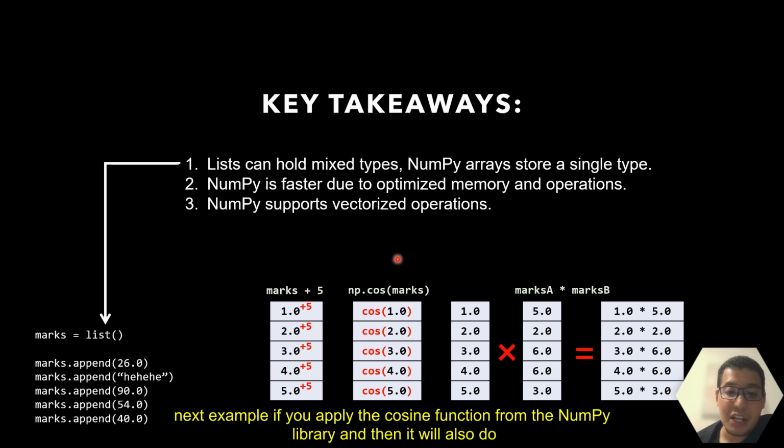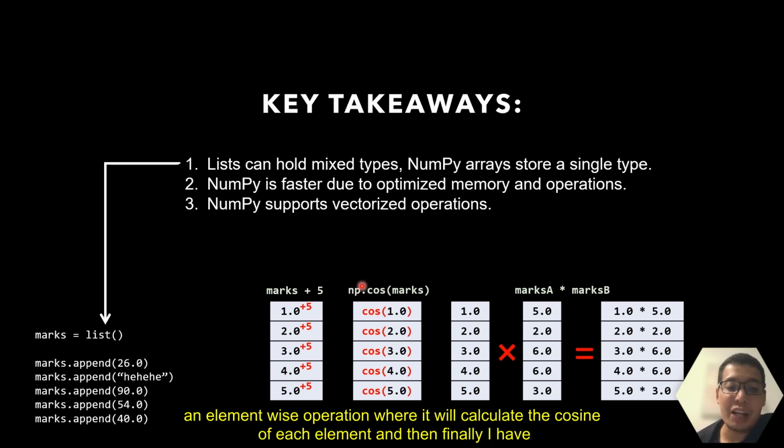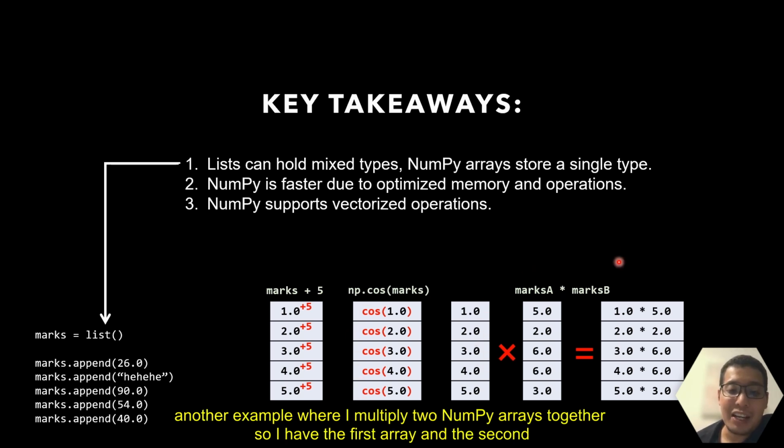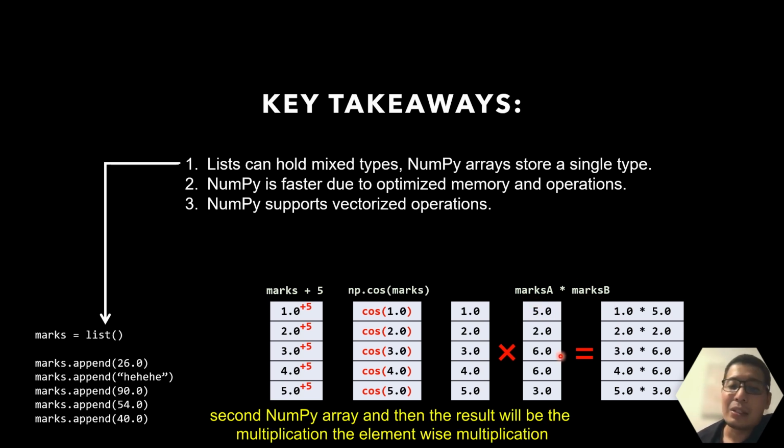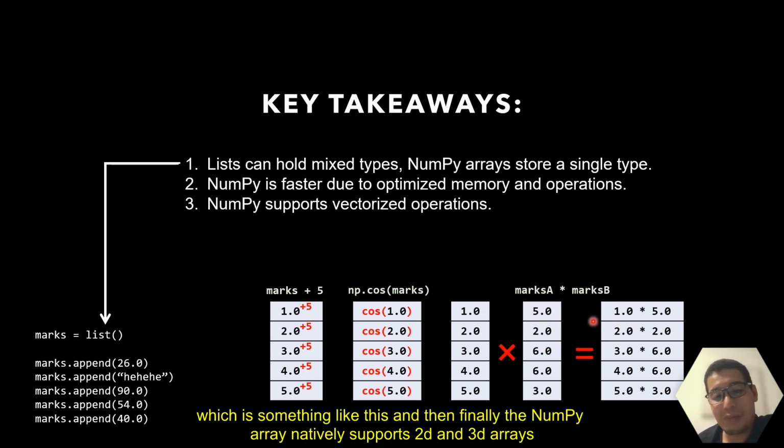In the next example, if you apply the cosine function from the NumPy library, it will also do an element-wise operation, where it will calculate the cosine of each element. Finally, I have another example where I've multiplied 2 NumPy arrays together. I have the first array and the second NumPy array, and the result will be the element-wise multiplication, which is something like this.